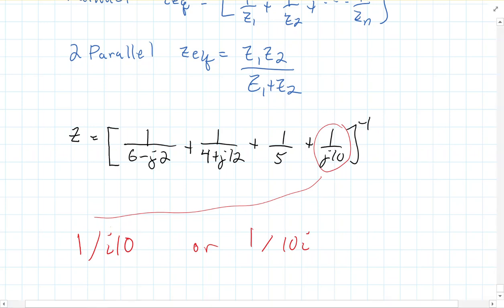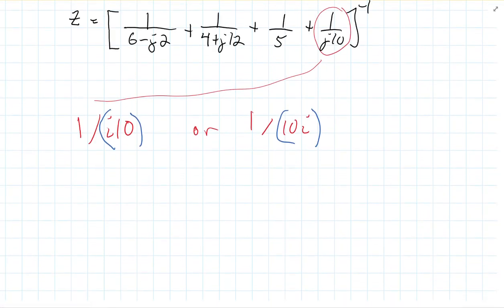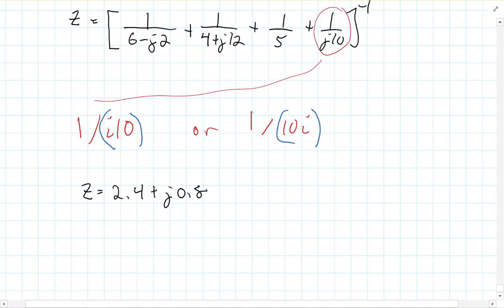I'll put it in blue, put parentheses around these, because most calculators would interpret this as 1 divided by 10, which is 0.1, times I, so you'd get 0.1 I. In this case, you'd get 1 divided by I, which is negative I, and then times 10, so this would be negative 10i. So you need to be careful when you do those divisions using your calculator. You don't want to lose points for calculator errors. And the end result we get is that Z is equal to 2.4 plus J0.8 ohms.